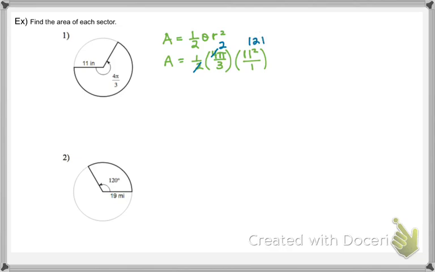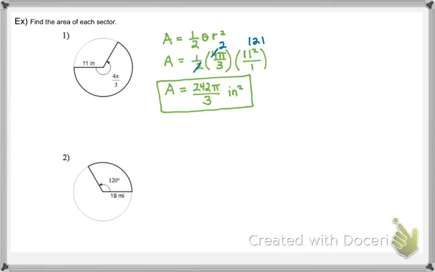So that's going to be 242. The area of this sector is 242 pi over 3. Now, because we're talking about area, area is unit squared, so that will be square inches, or inches squared would be the exact answer.